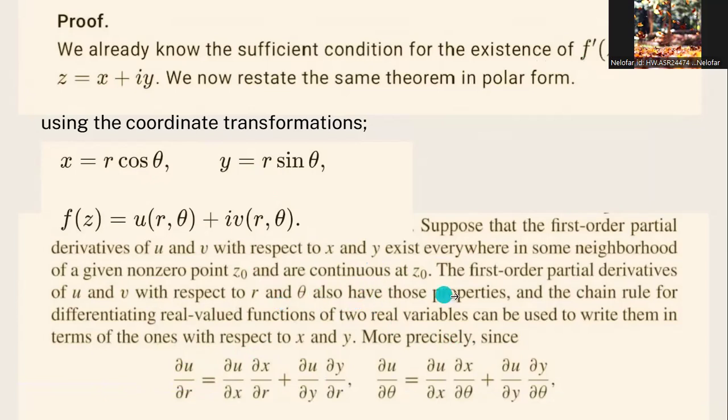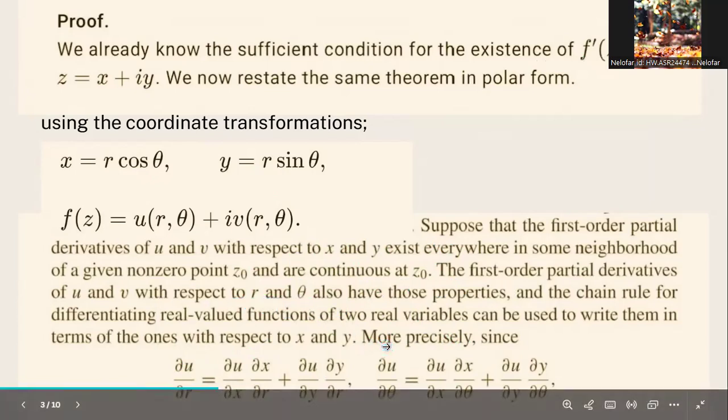So, what's the explanation of why these conditions also similarly hold for r and theta coordinates? We have written this explanation in the next step.